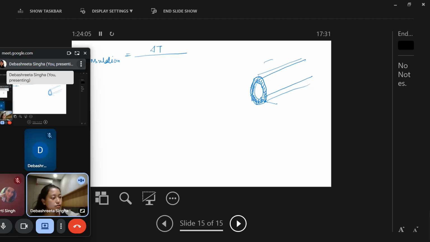So for conduction, for cylindrical, it is ln RC by RI.